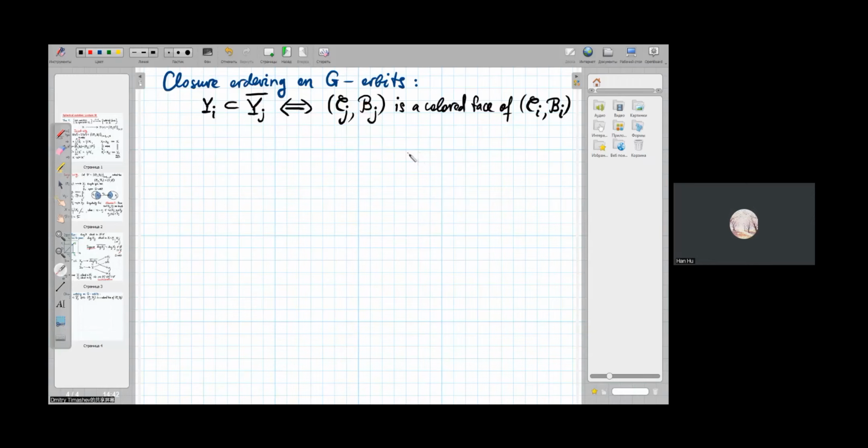The closure ordering on them is exactly the reverse to the inclusion ordering on faces of cones in the colored fan, because each colored face is still a cone belonging to the same colored fan. So associating with a G orbit a colored cone reverses the ordering. The bigger is the orbit, the smaller is the cone. This is the first geometric consequence of our considerations.